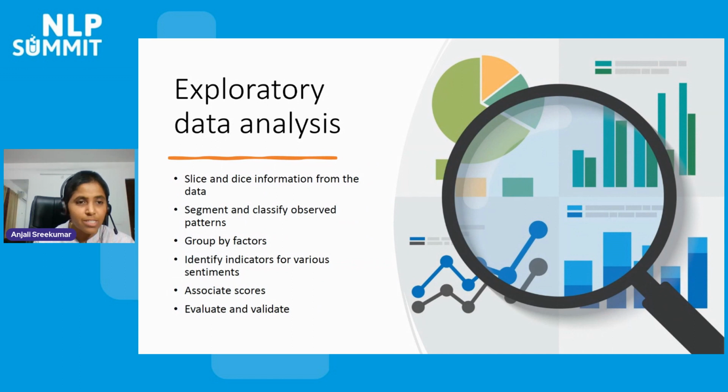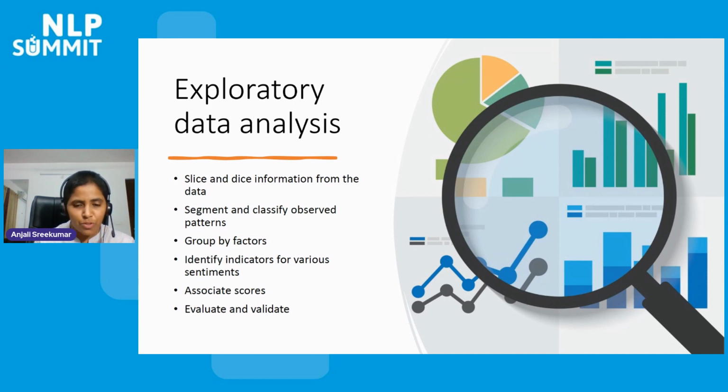So that's where we start with an exploratory data analysis with a trial and error mindset and visualize all the data that we have. And we found out that there is a lot of insightful information hidden in these conversations.